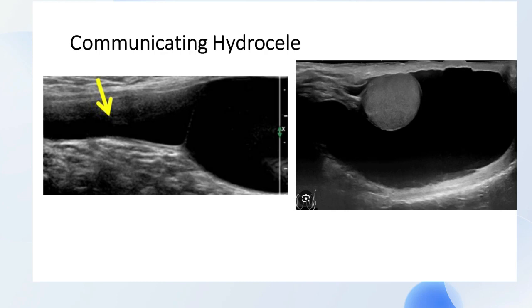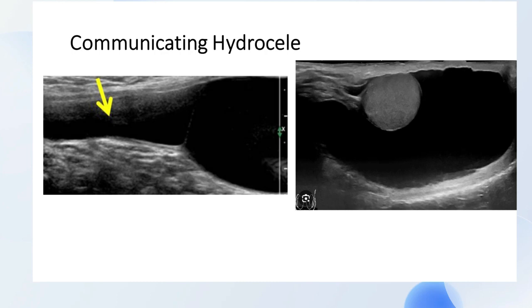So this type of hydrocele that you see extending all the way into the inguinal canal is called a communicating hydrocele. Mostly this type of hydrocele is noted in newborns, and it can also affect the elderly. So when there is no septum here dividing the scrotum and the inguinal canal, we call that communicating hydrocele.